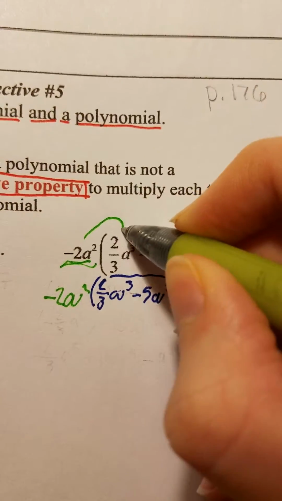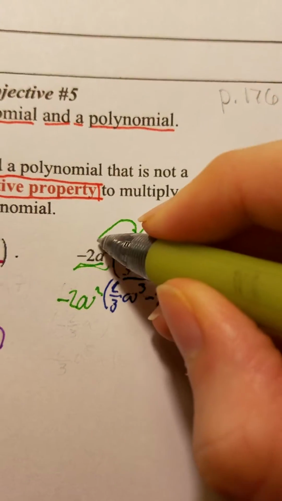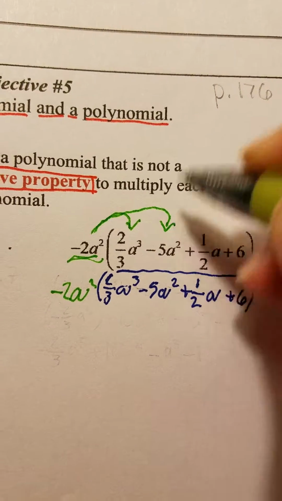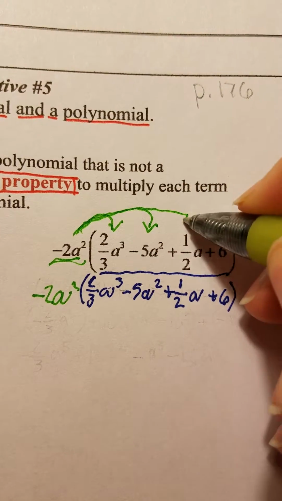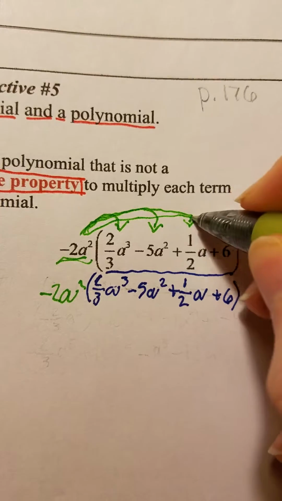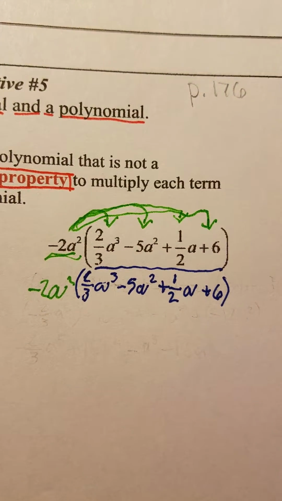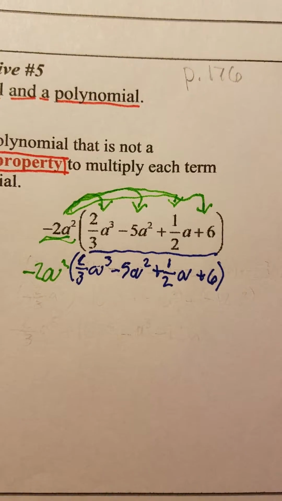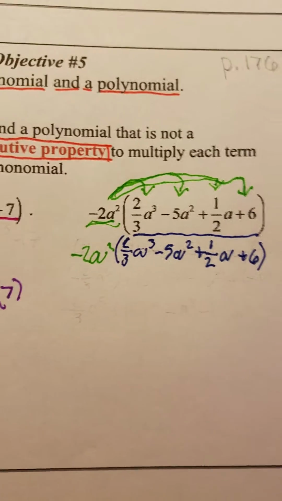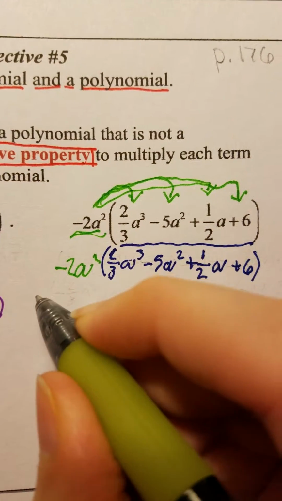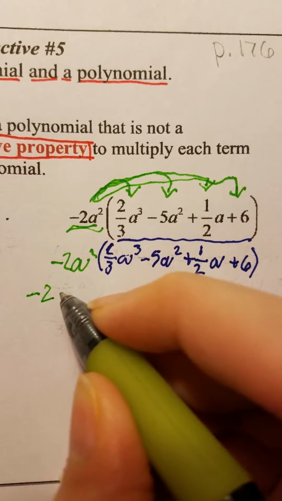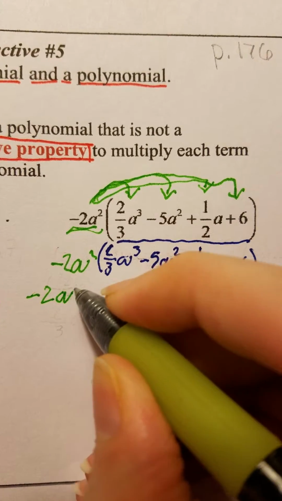You're going to distribute it to this, and to that, and then that, and then that one down there. The first thing we distribute it to is the first one, of course. So negative 2a.